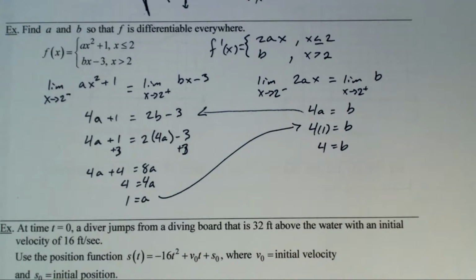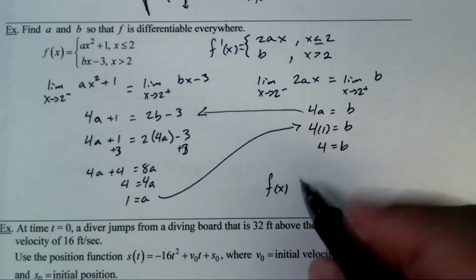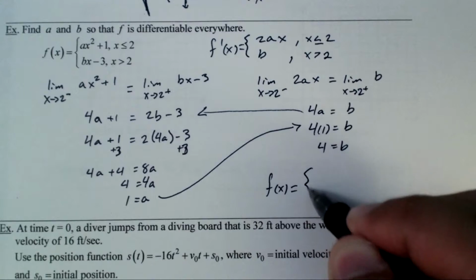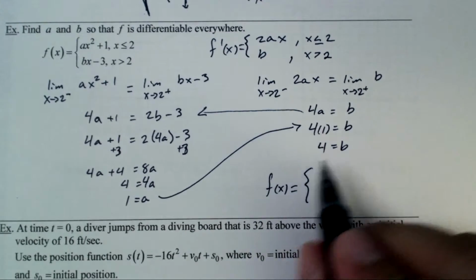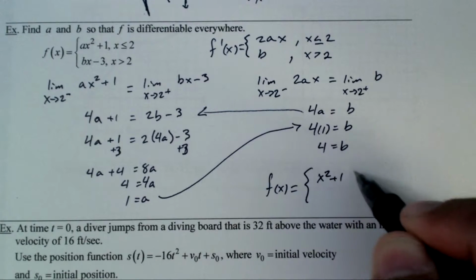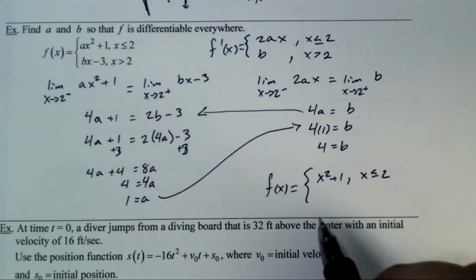Okay, so what we end up with is a function f of x, which is equal to this piecewise. With a as 1, it's just x squared plus 1 for every x value less than or equal to 2.